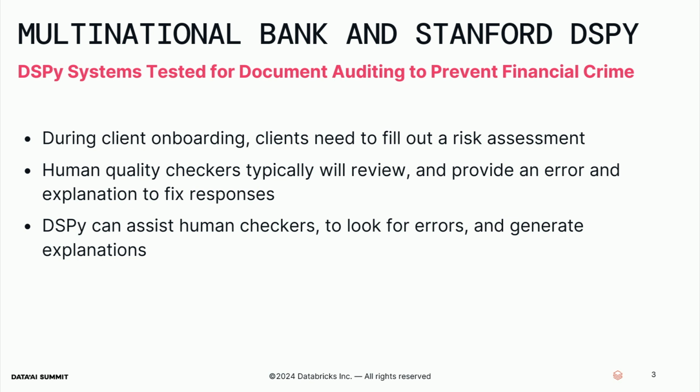These human quality checkers have to go through many of these assessments, and they could potentially make a mistake. Now, with DSPy, you can enhance this process by equipping the human reviewers with advanced tools to more efficiently identify errors and then generate precise explanations behind those errors.